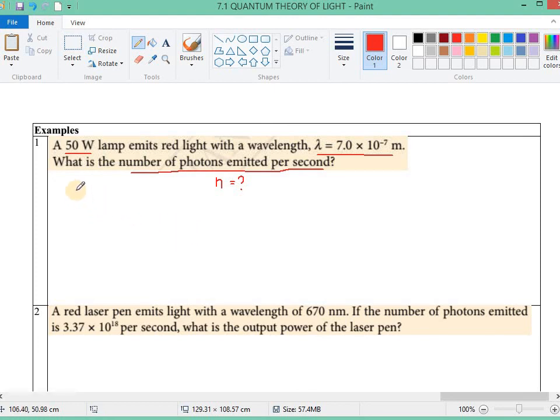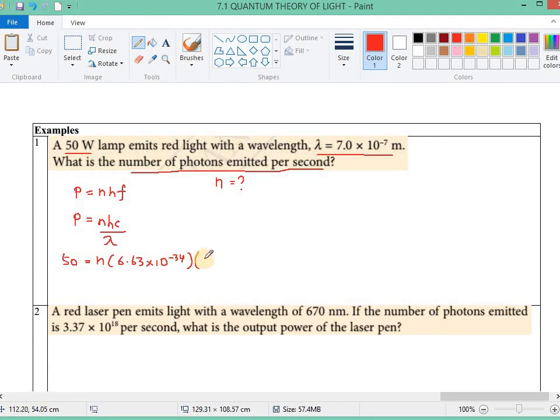So from the equation P equals nhf, but since they give us the wavelength, we can convert this into nhc over lambda. The power is 50 watt. n is the one we are looking for. h is the Planck constant, 6.63 times 10 to the power of negative 34.